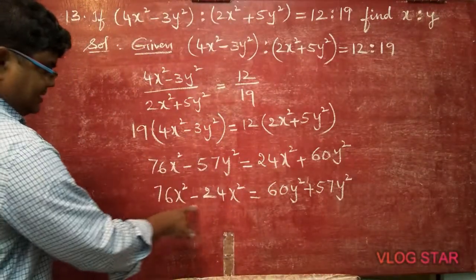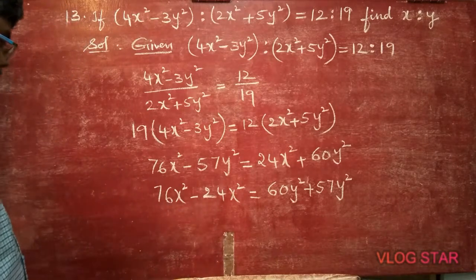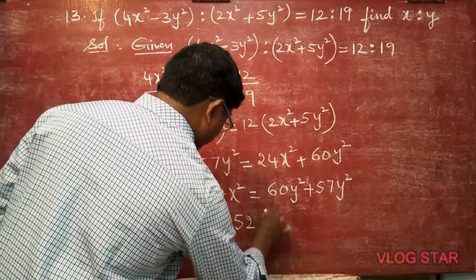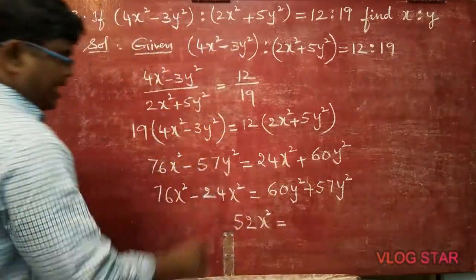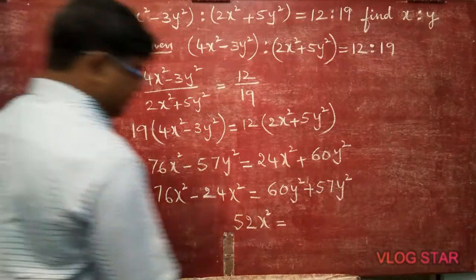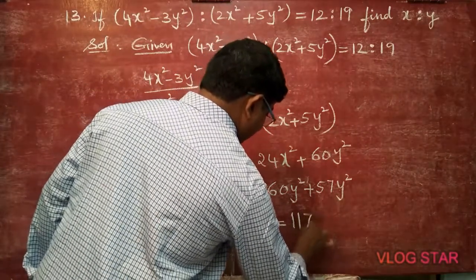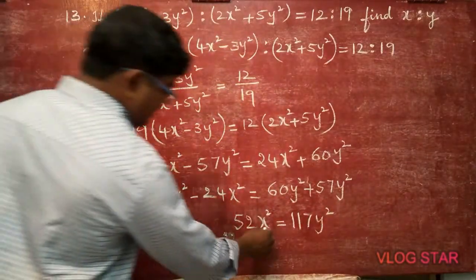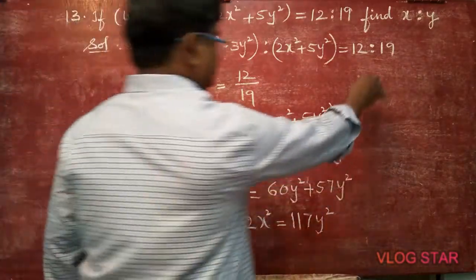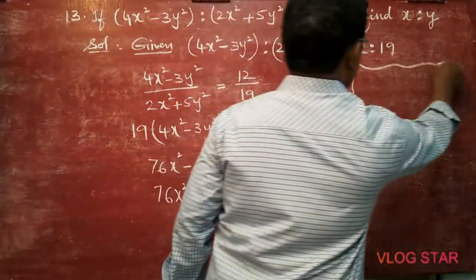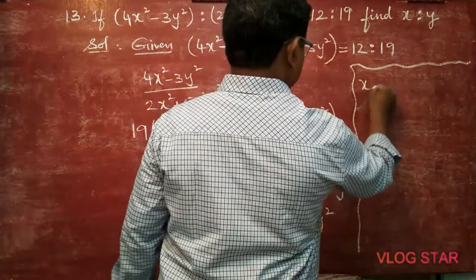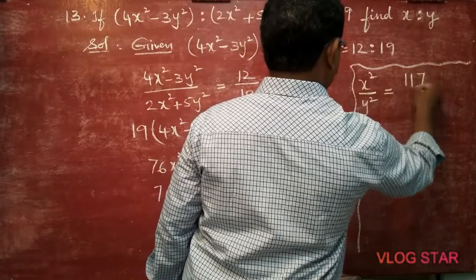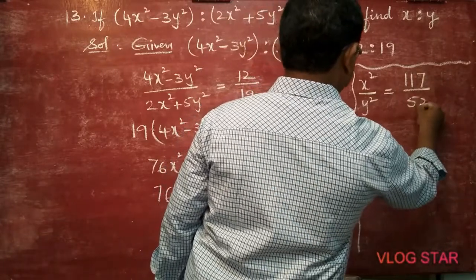Now 76 minus 24 is 52x² is equal to, add, 117y². Now variables one side, x² by y² we need. So now x² by y² is equal to 117 by 52.